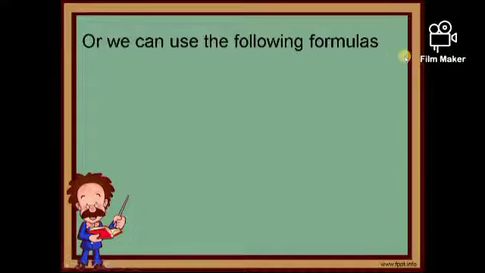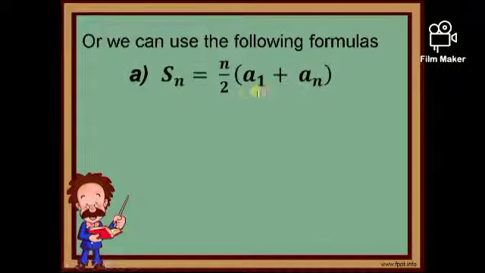Now, if you don't want to add those numbers, for example if we have 100 terms, we can use a formula to make it easier. We have two kinds of formula. The first one: S sub n, or the sum of all terms, is equal to n over 2 times the quantity a sub 1 plus a sub n.